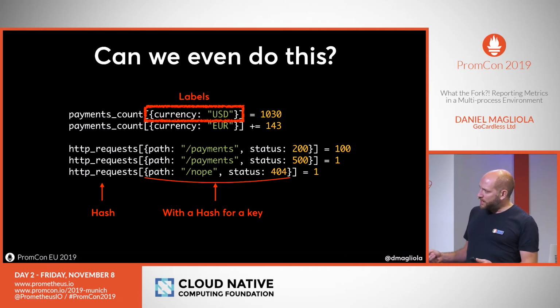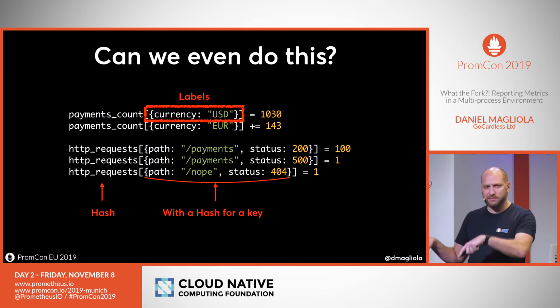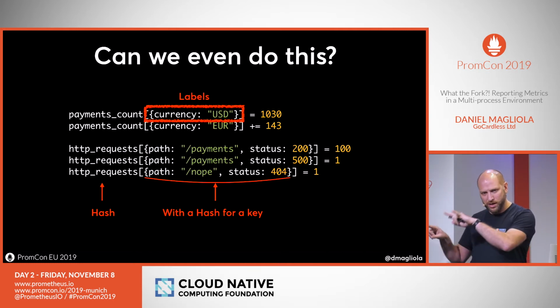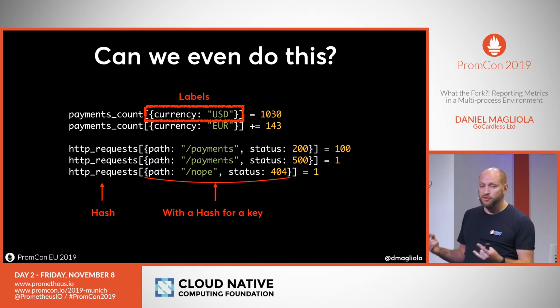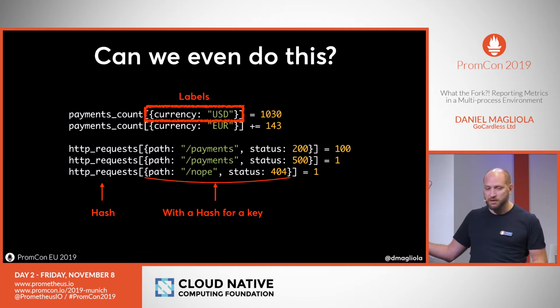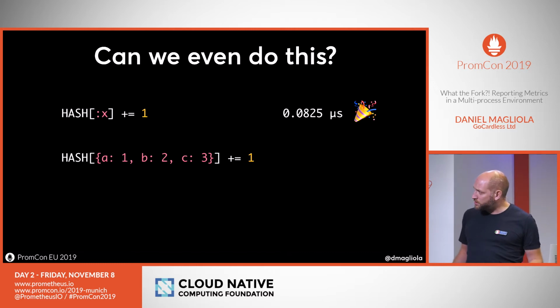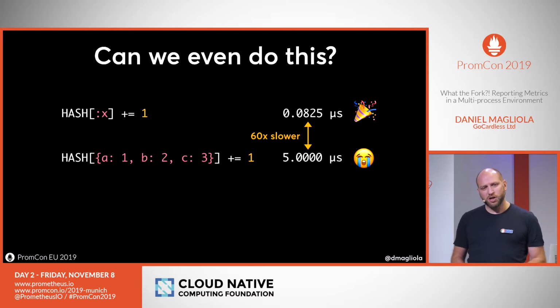And the problem with that is when you're indexing by a hash, you're going to be comparing one hash to another in that linked list instead of comparing constants, which is a lot slower. Now, how slow depends on how big the hashes are, which in our case is how many labels you have in your metric. So for example, if you have 3 labels, this is going to be about 60 times slower, which is pretty terrible for us. Now, according to best practices, most counters should have no labels.